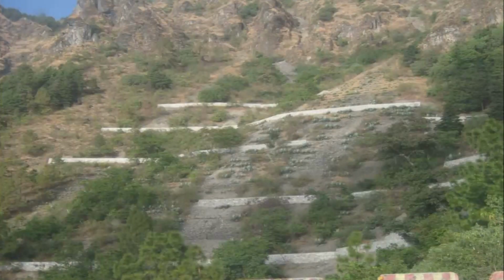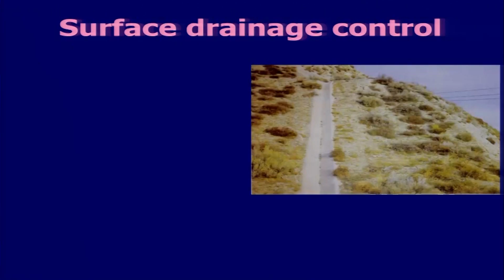Close up of that, and of course at the same time some portion is also covered, putting the concrete or they have done reinforcement. Surface drainage control, you can either construct small water pathways to drain out the water as fast as possible.